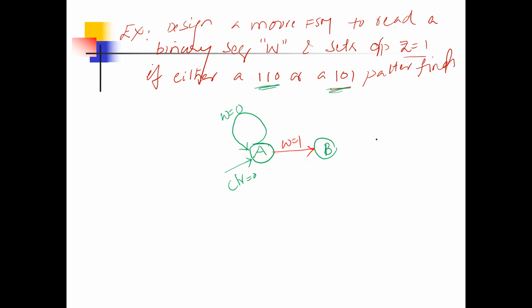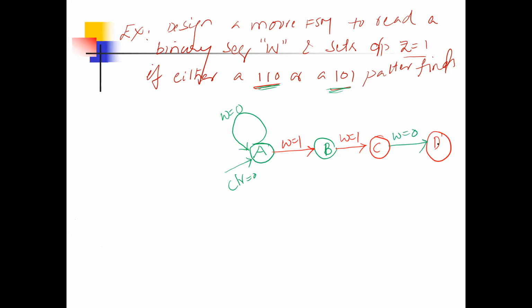Suppose we take one more state, C. When you are at B, if the input is 1, the next state should be C. So 1 1, yes, C. The next one is state D. In state D, if the input bit is 0, that gives 1 1 0, so W is 0.